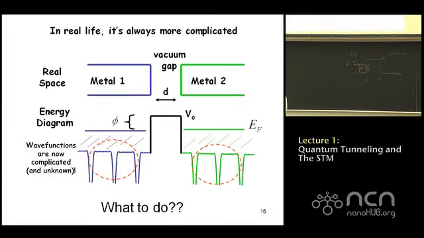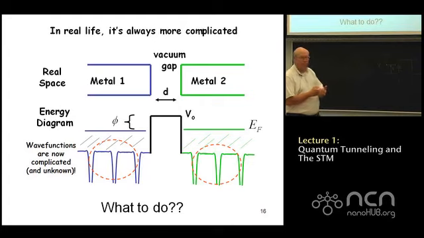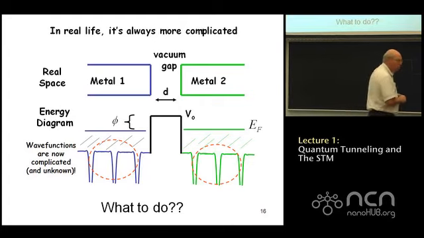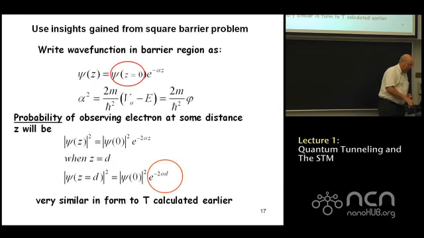Those sharp, deep wells represent the location of atoms in a metal, and they indicate that an electron is strongly attracted to those atomic cores. And so if you want to solve this problem more realistically, you have to take into account these atomic cores. How to do that is, I think, beyond the scope of this course.